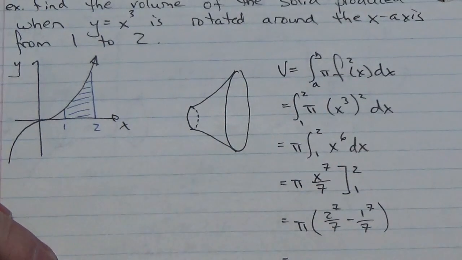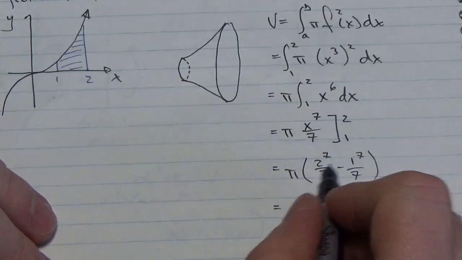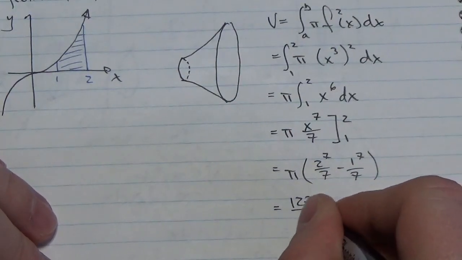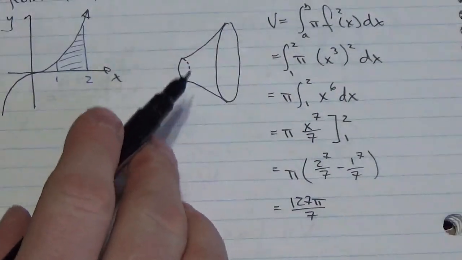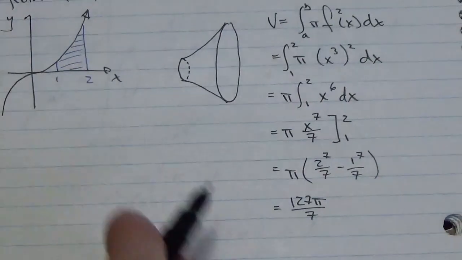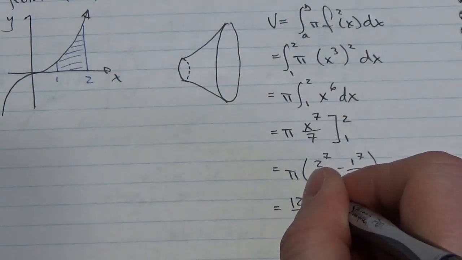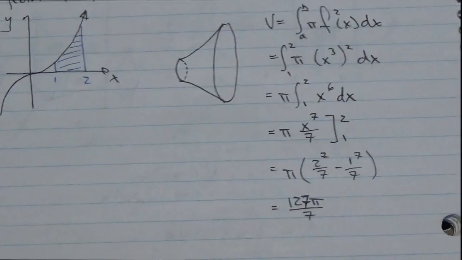And that basically becomes, well, 2 to the 7 is going to be 128 minus 1. So this is going to end up being 127 pi divided by 7. That is the exact volume of the shape that we've just generated. And it is amazing to me that we are able to do that so quickly and cleanly. Let's take a look at another couple examples.